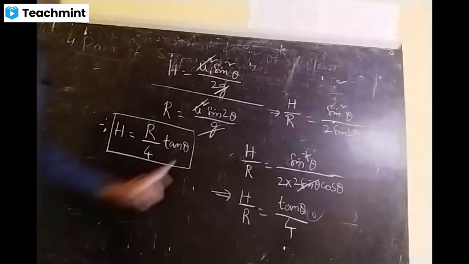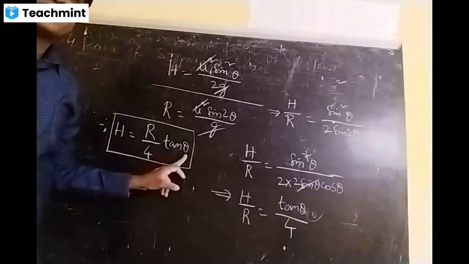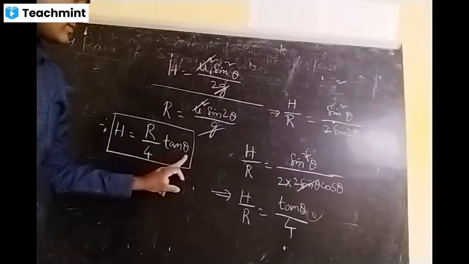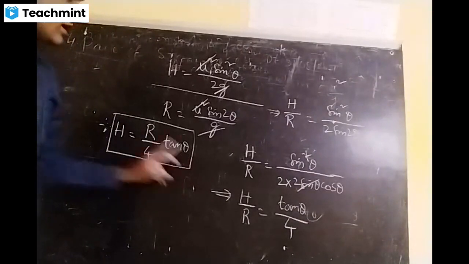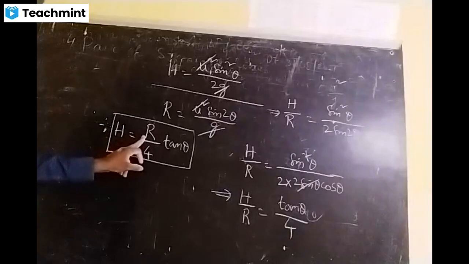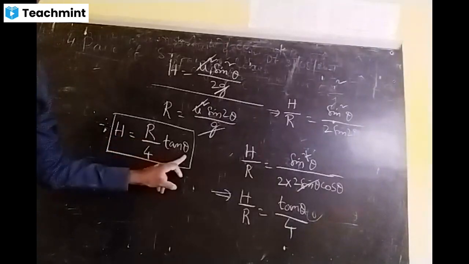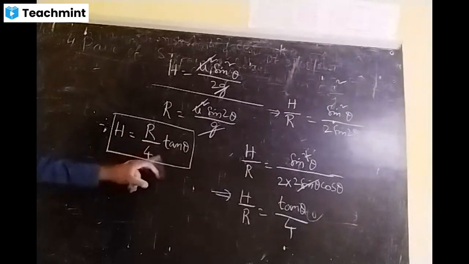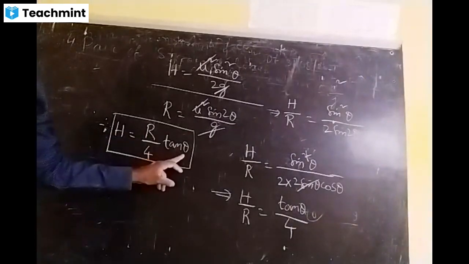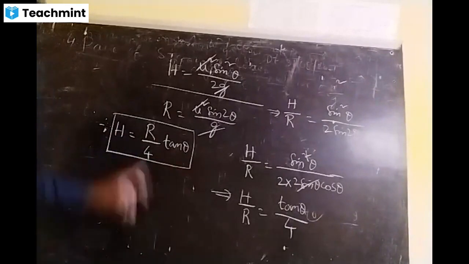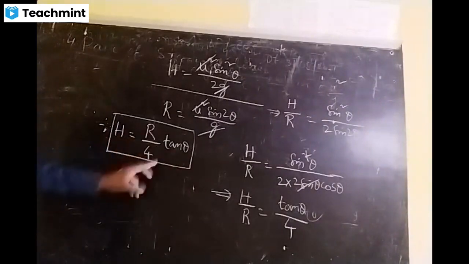Now if I substitute theta equal to 45 degrees again, what will I get? R by 4 tan theta, where this R becomes R max, so R max by 4. In the previous case, if I substitute theta equal to 45 degrees, I get the previous case: maximum height is equal to maximum range by 4.